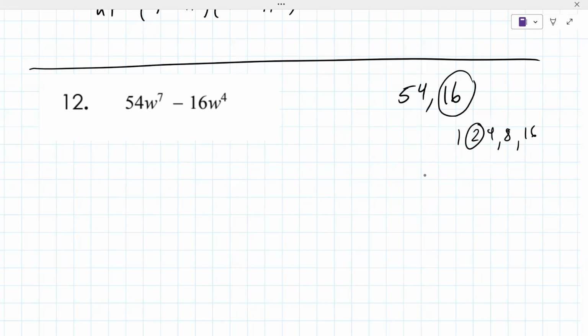Are you still with me, Karthik? Yeah. Okay, it is 2. So it ends up being 2w to the 4th. Tell me what goes inside parentheses here.